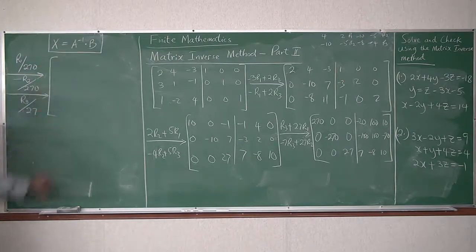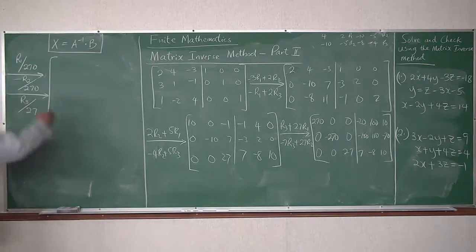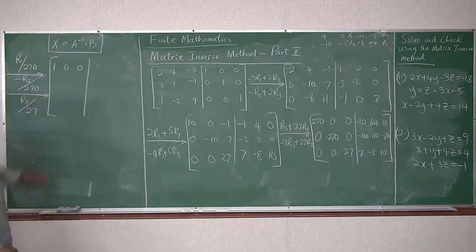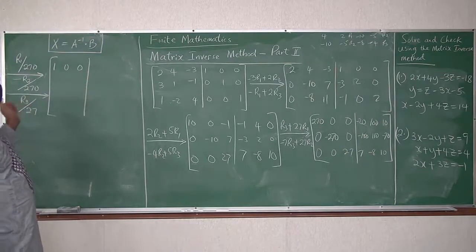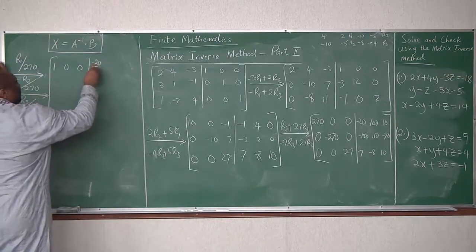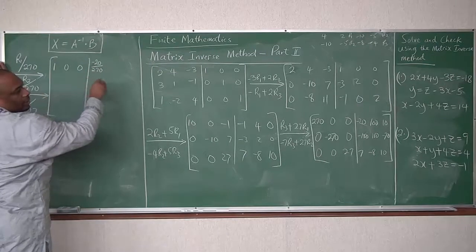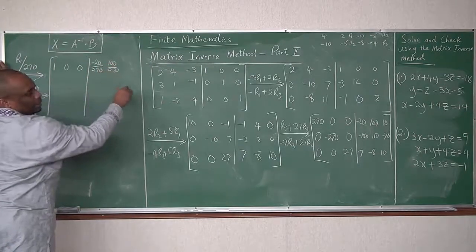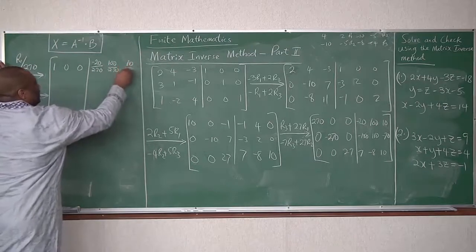So if we do that, what do we have now? We have 100, negative 20 over 270, negative 20 over 270, 100 over 270, and then 10 over 270.